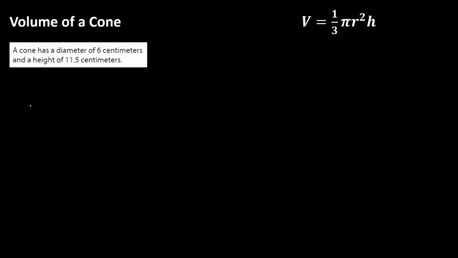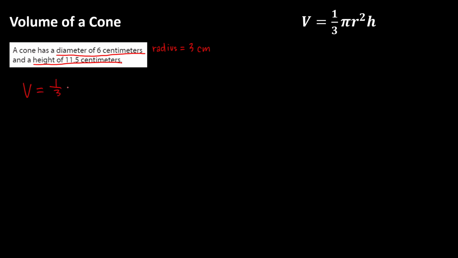So let's try one without a diagram. The cone has a diameter of 6 centimeters and a height of 11.5 centimeters. So we are going to try and find the volume. So since we're working with diameter again, if the diameter is 6, the radius is half of that. The radius is going to be 3 centimeters. So let's fill in our volume formula.